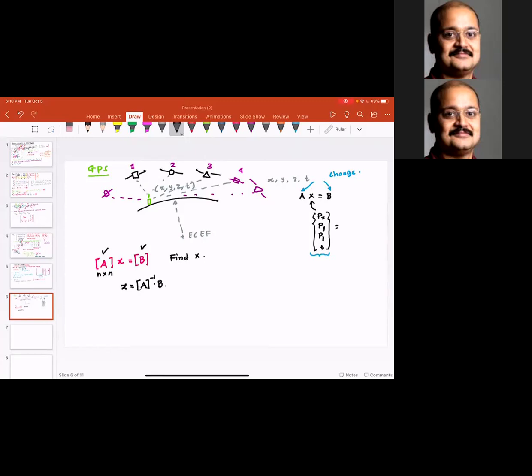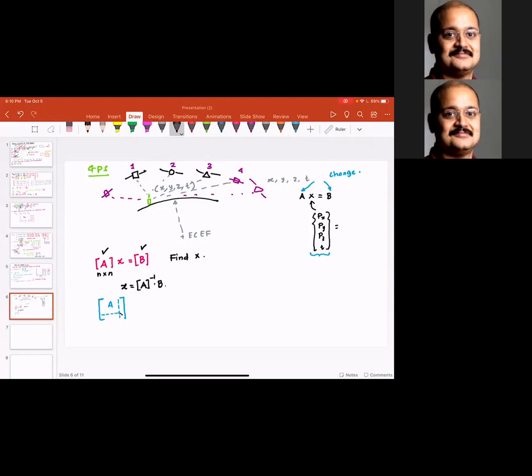Now, here is a problem that is quite common. A gets appended. So say A changes its dimension in the next iteration. You have the original A, and this A gets added one row and one column. I want to be very clear here.